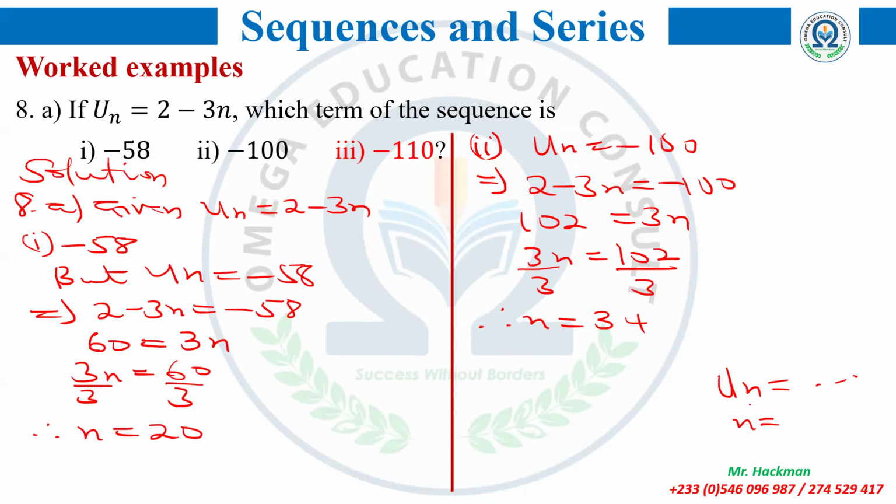Remember somebody said u sub 0, and I said no, we don't have that. So your n will be 1, 2, 3, and so on. So if you get a fraction, it cannot be a possible value of your n. Assuming this one we solved, then we had 1 over 2 as our n. I'm just assuming 1 over 2.